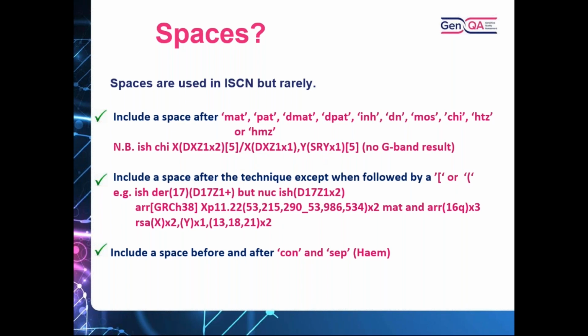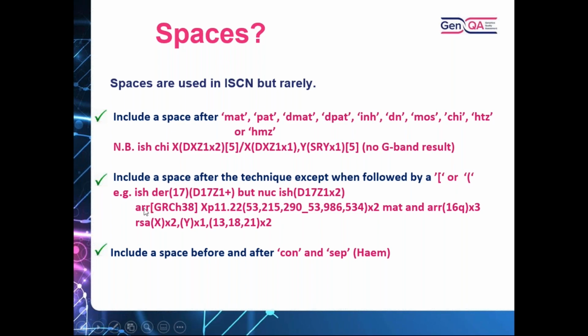You include a space after the technique, except when it's followed by the brackets, the square brackets or the normal brackets. So you'd put ish, bracket, sorry, de 17, but you would have nuc ish and then bracket de 17 Z1 times 2.